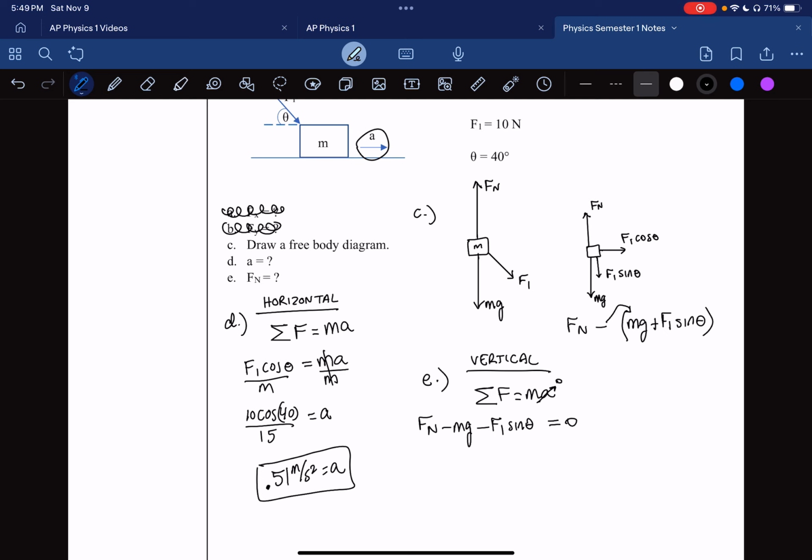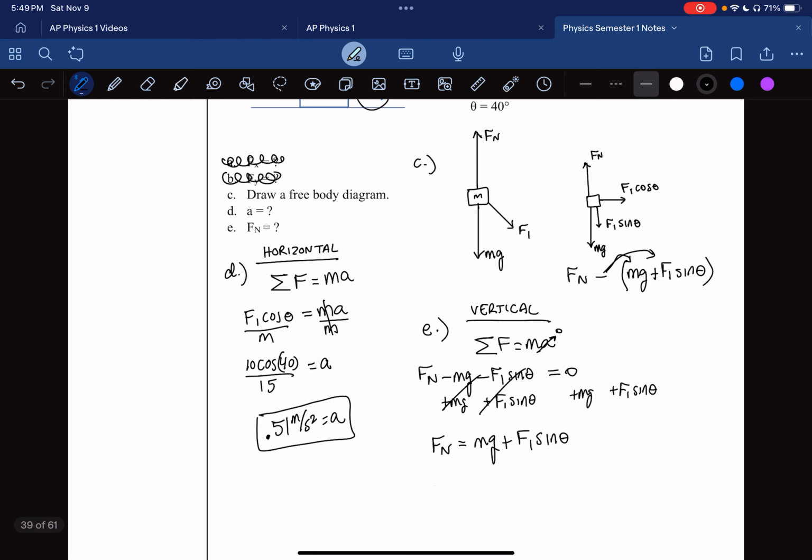But if you know about your distribution, that negative gets distributed, and so we have this here. Let's get Fn by itself, and so we're going to have to add mg to both sides. We're going to have to add F1 sine theta to both sides. And so we have Fn equals mg plus F1 sine theta.